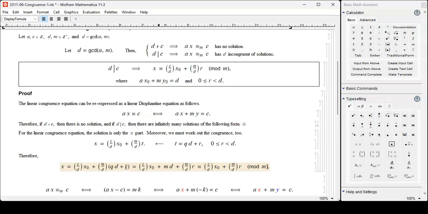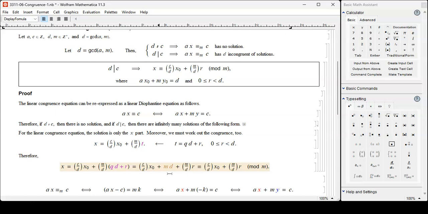So t is qd plus r by the division algorithm, which I just highlighted in purple. And then if I break up this parenthesis, d and d cancel out, I get this md, which I just highlighted in brown. And then C over d x0 and m over d r stay, and both C and m are divisible by d, so these fractions are actually integers.